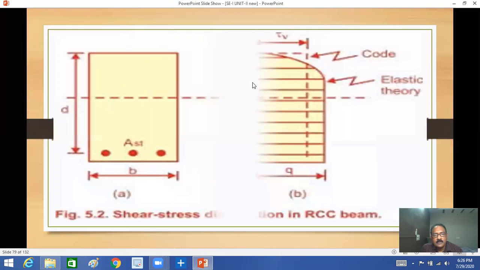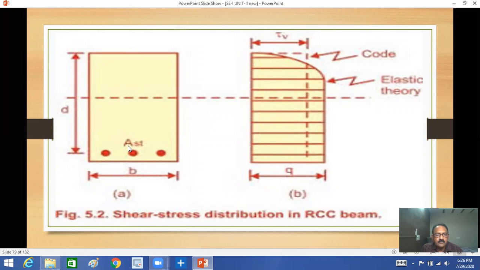See here, in this figure, a rectangular beam has an area of reinforcement, area of steel, Ast. Here the width is b, and the depth is d, and the shear diagram is parabolic at the top, and this is elastic theory, and rectangular from above the neutral axis to the bottom of the beam.